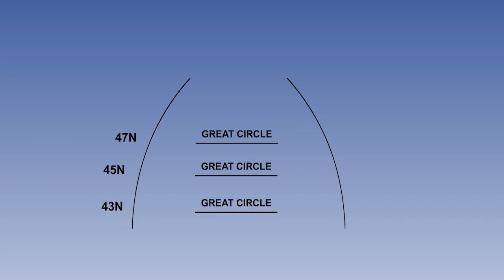Imagine a spherical Earth, for instance, the real Earth or a reduced Earth. The meridians converge towards each other with increasing latitude. Now imagine 3 great circle tracks at different latitudes. In this example, we'll put them as 45 north, which is the parallel of origin, and at 47 north, and at 43 north.